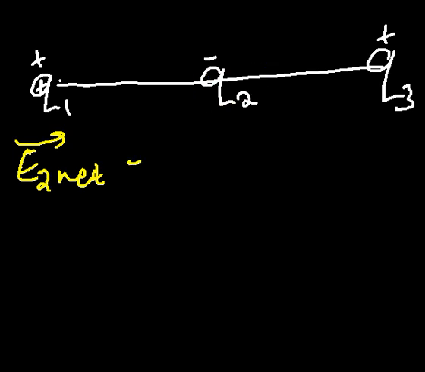So in this case we'll have the electric field due to charge 1 and the electric field due to charge 3. Let's see whether the fields will be negative or positive.